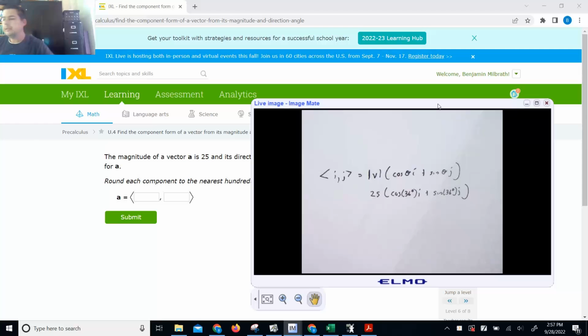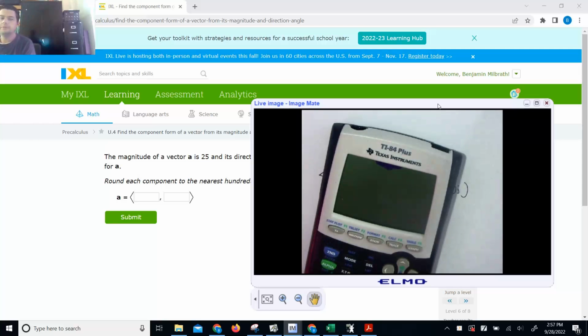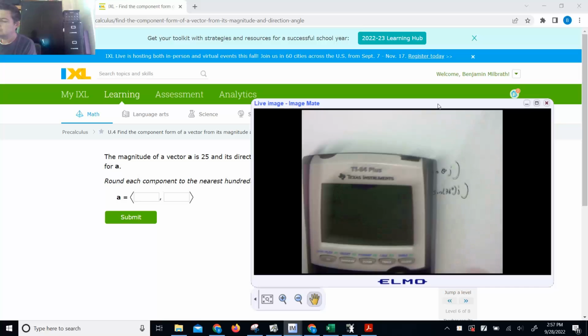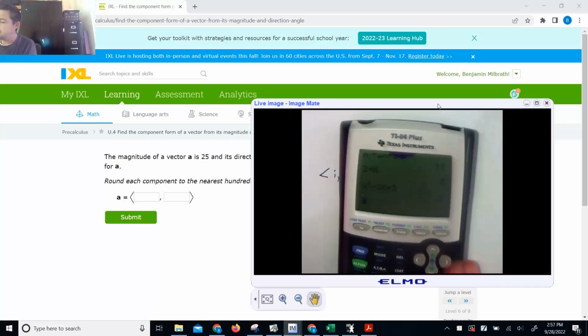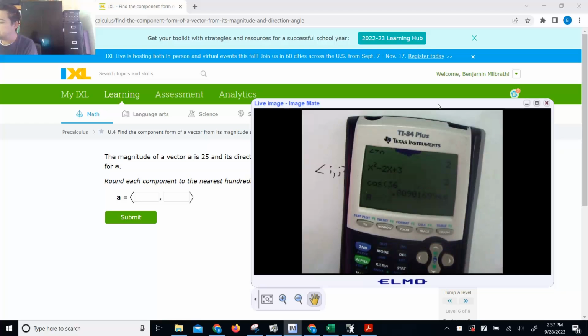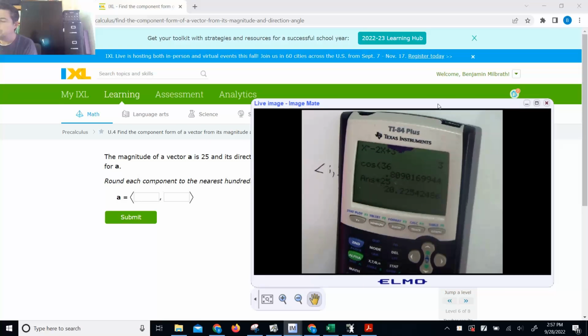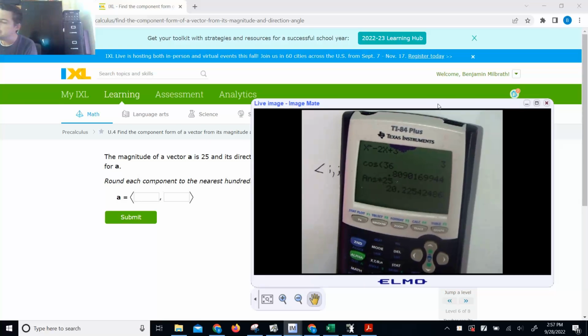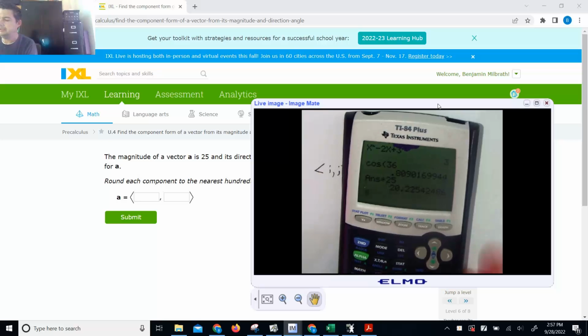So what I do is I put my calculator in good old degree mode. And the cosine of 36 is that funky decimal. Now you guys know enough to know that you're going to be distributing, so you multiply it by 25. They want the nearest hundredth, 20.23.